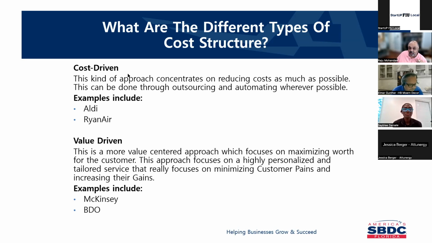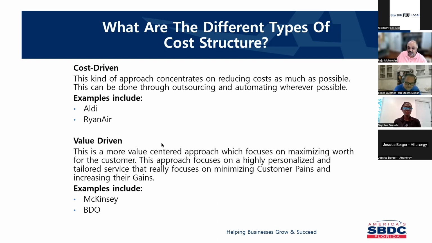So obviously you have cost driven, like Aldi, Ryanair, Southwest. All of those are very value oriented, cost driven. And then you have value driven, which you have the McKinsey, the BDOs, the Tiffany's, the Neiman Marcus, the Nordstrom. All of those are value driven, on the larger scale.